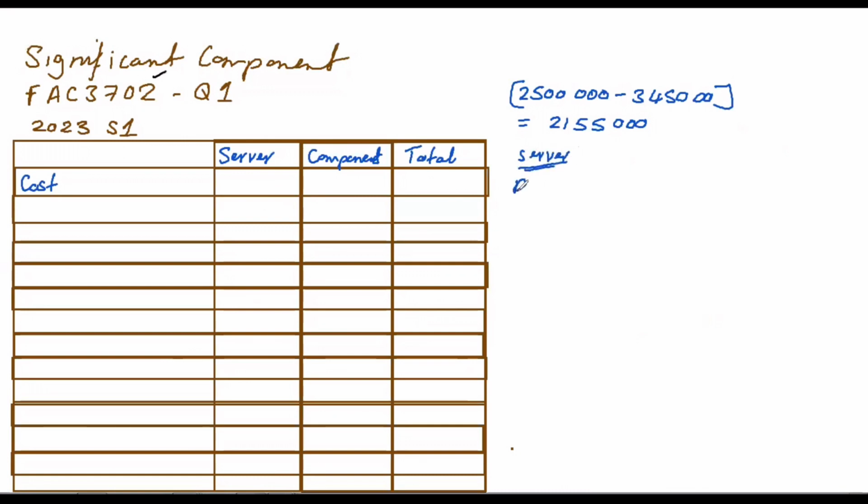Depreciation will be how much? You say 2, 1, that, over 10 years, multiplied by 4 over 12. So this is for 2021. How much do we get?